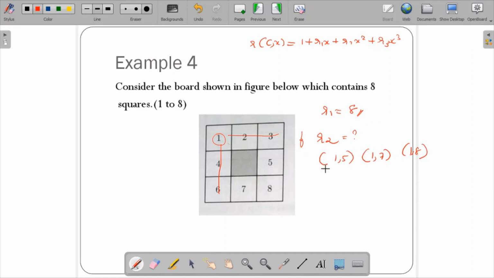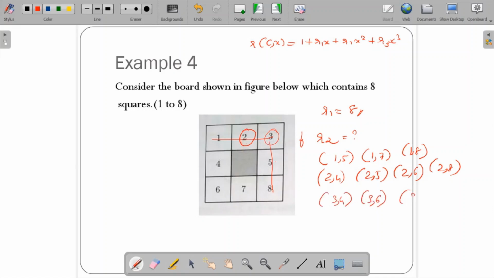Then 1 is done, right? Now 1 is done. Next you will go with 2. For 2 again this and this will not be combined, so it will be 2 4, 2 5, 2 6, 2 8. For 3 again this and this will not be combined, whereas this will be there. So it would be 3 4, 3 6, 3 7.